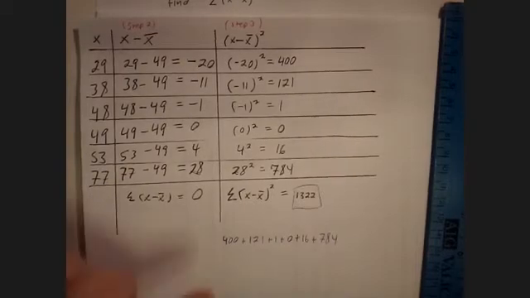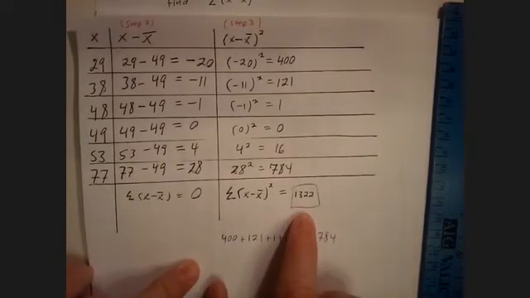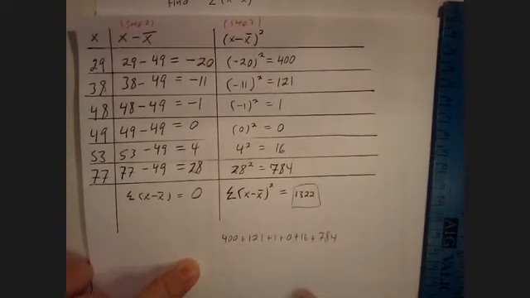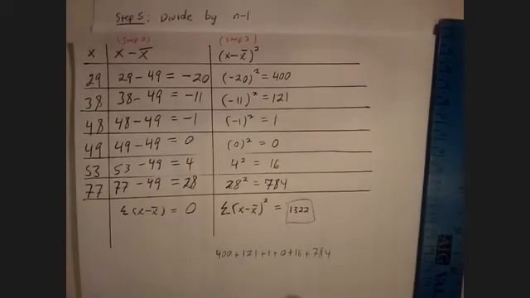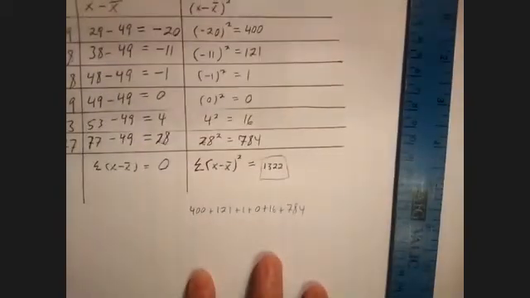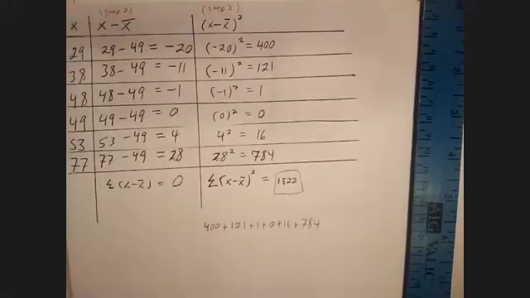The next thing I'm going to do, now that I have these numbers, we total them up. We are going to divide by n minus 1, okay?